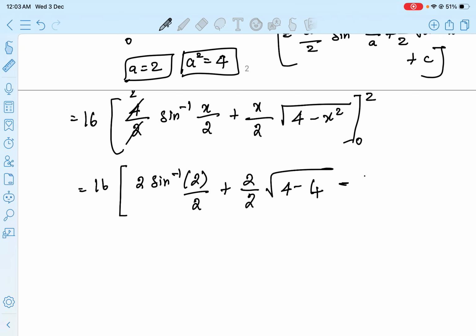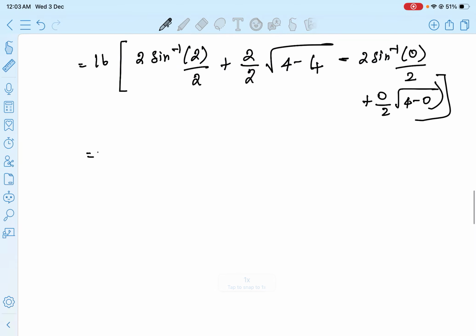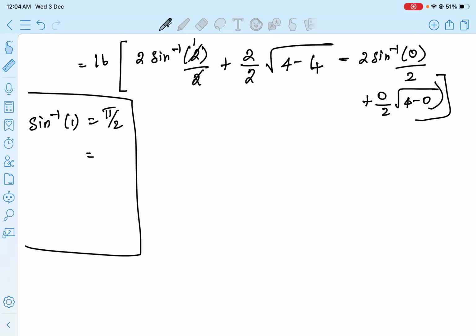Lower limit will become 2 sine inverse of 0 by 2 plus 0 by 2, this will become 4 minus 0. This will become 1. What is the value of sine inverse of 1? Sine inverse of 1 is equal to pi by 2, and sine inverse of 0 equal to 0.